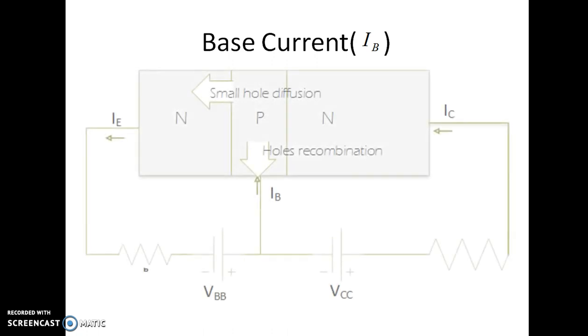Now base current. Base current is denoted by IB. This is the diagram of the base current. From the diagram it is clear that the base current is mainly due to the small diffusion of the holes and the recombination of electrons and holes in the base region.